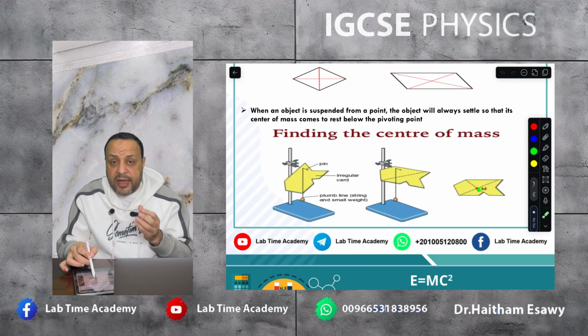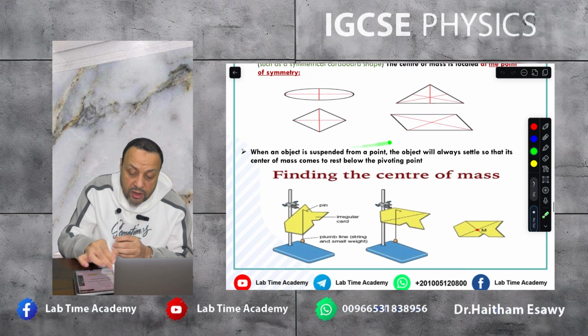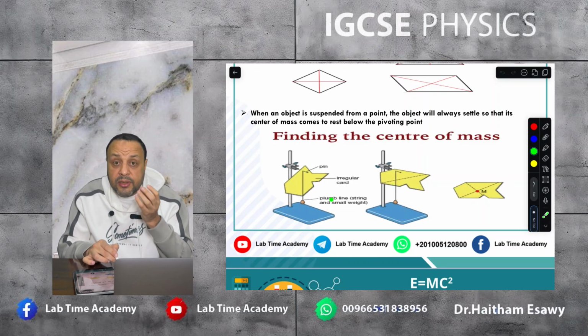So now I can find the position of the center of gravity whether we have a regular object or an irregular object, by using the plumb line.